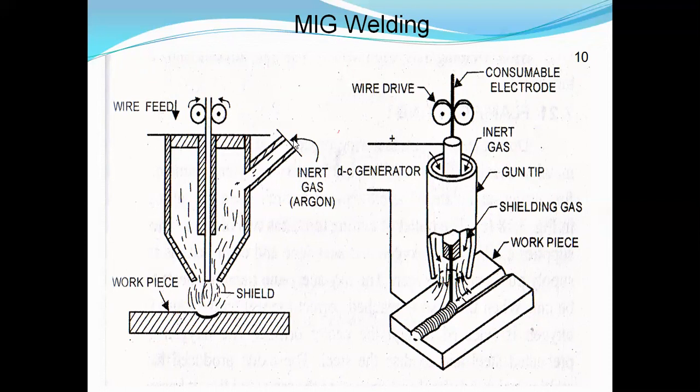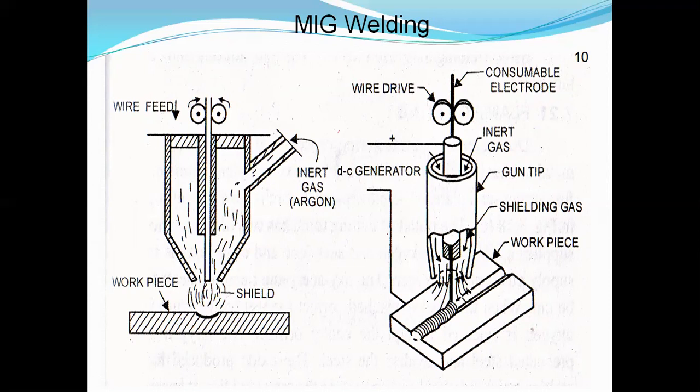Similarly, as in tungsten inert gas welding, we are providing inert gas to shield this welding zone. Why are we shielding this weld zone? To prevent atmospheric contamination in the weld zone. So that's the reason to provide this shield.